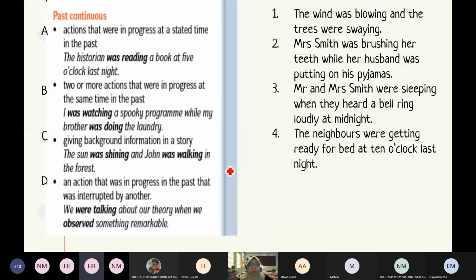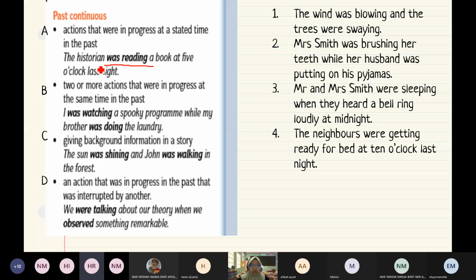Menunjukkan perbuatan yang sedang berlaku pada sesuatu masa di masa lepas. For example, the historian was reading a book at 5 o'clock last night. So was reading is past continuous tense.